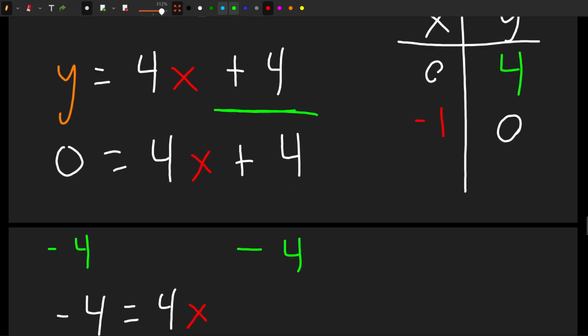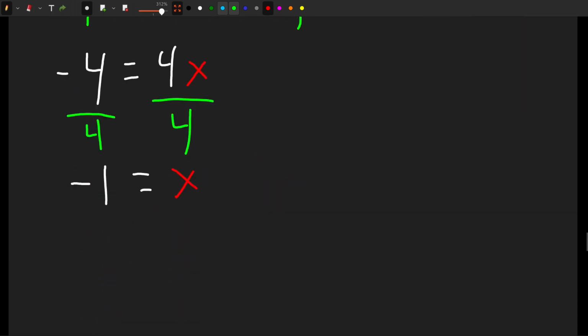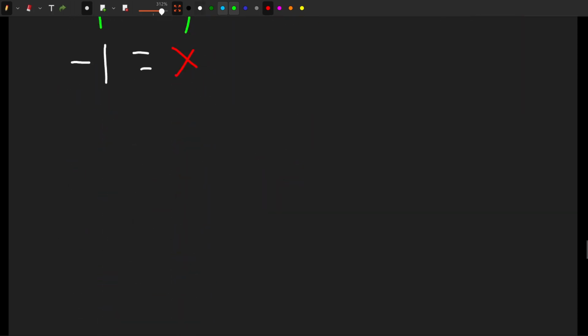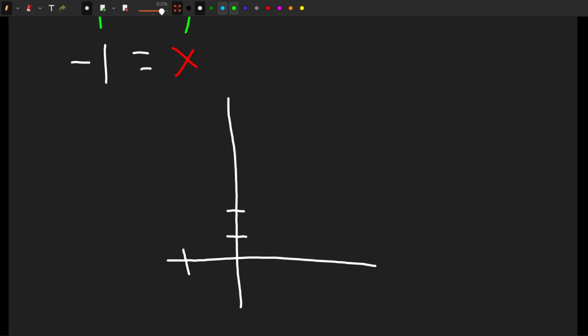And now I have to graph those two. Give a little bit better spacing here. Okay. So negative 1, 0 is right over here.